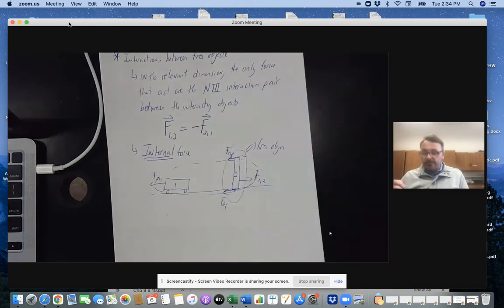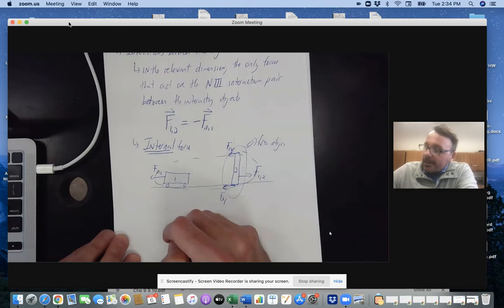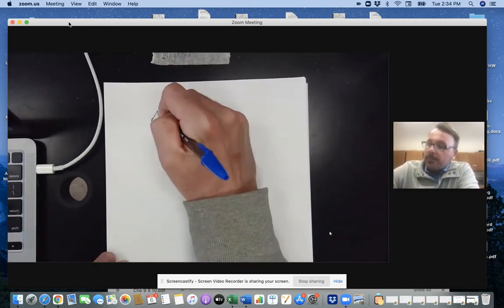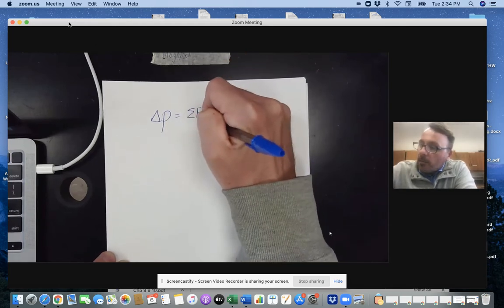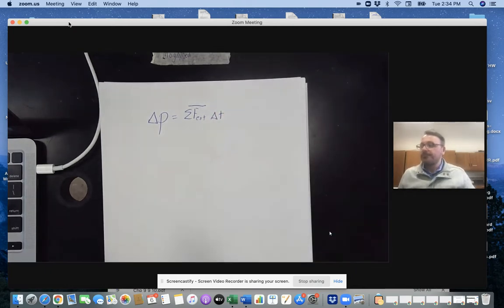All right? So what we're going to have here is going back then to the impulse momentum theorem. And I'll write this in the non-calculusy way because it's just a little bit more convenient there.